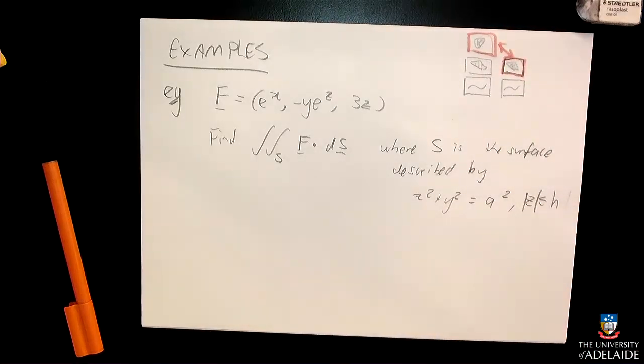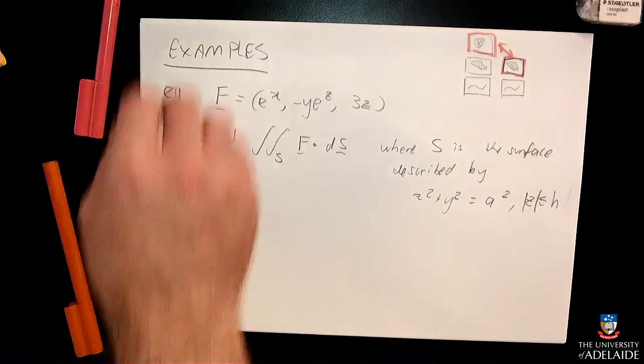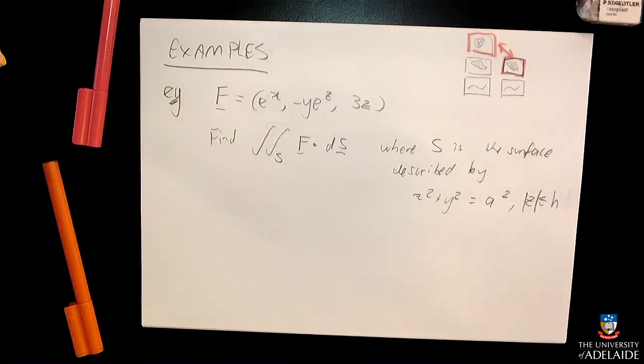But it's also connected this way by the divergence theorem. Okay, so the divergence theorem says that if I find the divergence of this function and integrate that across the interior of the surface, the volume, I should get the same answer as this. Okay?